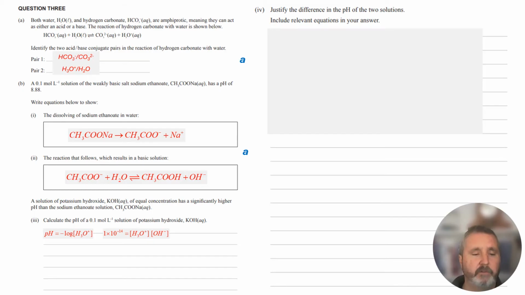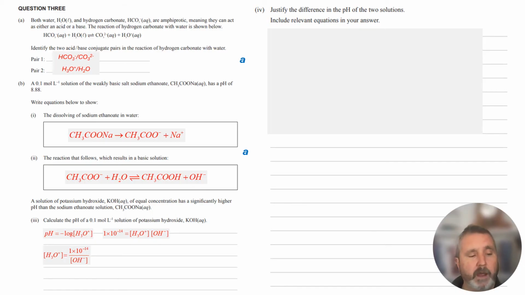And that's this one on the right hand side here. We need that. We're going to rearrange that. So what we do is basically divide both sides by the hydroxide concentration. The hydroxide ion concentrations cancel out, and we get this equation here. Now it's always in this form. The way that it rearranges, it's always the hydronium ion equals 1 times 10 to the negative 14 over the hydroxide ion.